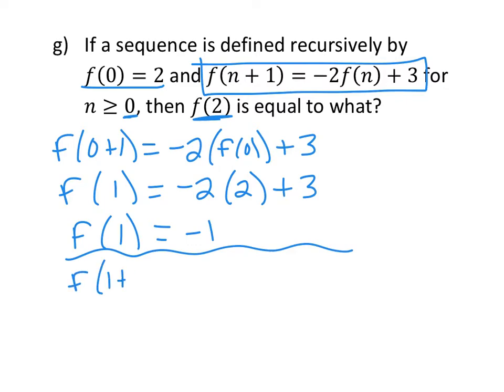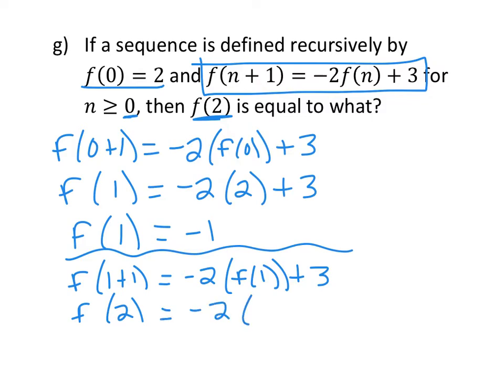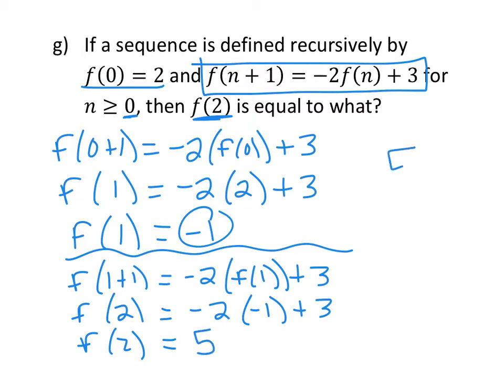F of 1 plus 1 equals negative 2 times f of 1 plus 3. 1 plus 1 is 2, so f of 2 equals negative 2 times our previous, which was negative 1, plus 3. F of 2 equals negative 2 times negative 1 is positive 2, plus 3 is 5. Therefore, 5 is our solution.